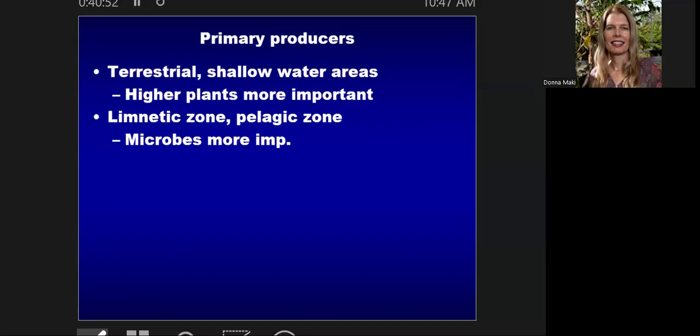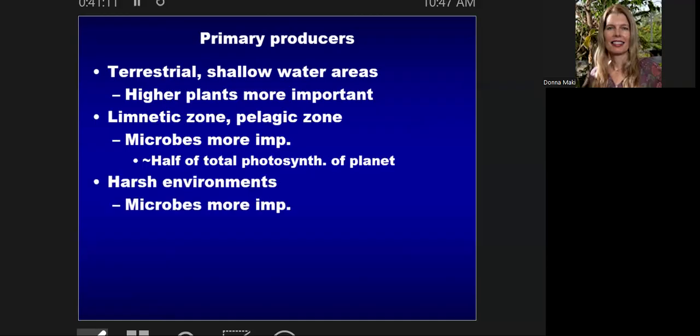And don't forget about algae. That's part of the microbial umbrella. And so you have the algae in there, but you have cyanobacteria. And so when you look at the vastness, of course, of the ocean, roughly half of photosynthesis is occurring in the oceans.